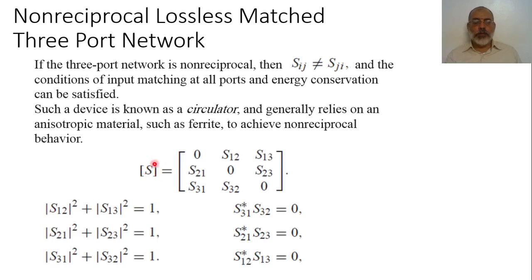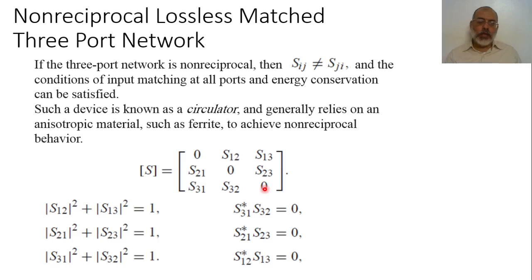The general S parameters for this non-reciprocal lossless matched three-port network are as shown. S11 is 0, and we have S12, S13. S21 does not equal S12, S22 is 0, S23, and S31 does not equal S13, S32 does not equal S23, and S33 equals 0.